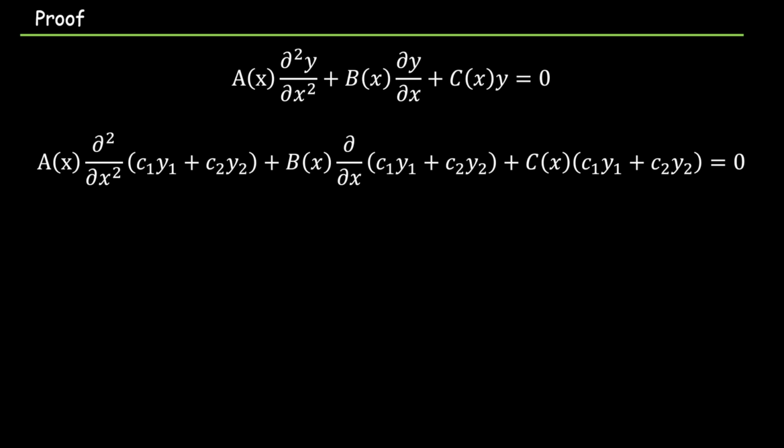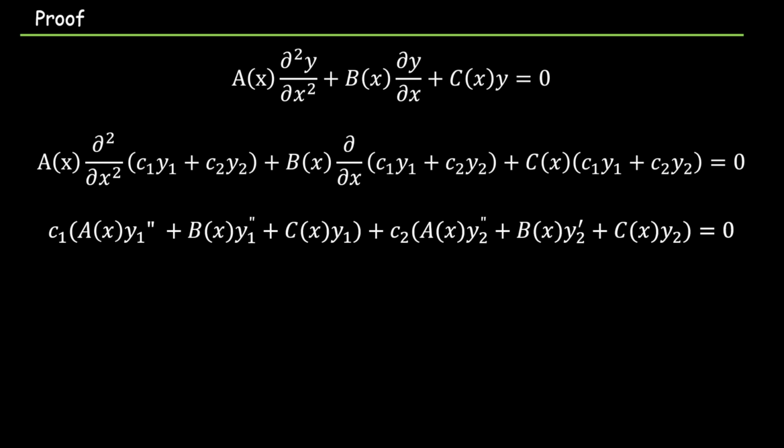So we can take the partial derivatives or derivatives, depending on what y is, separately. Like the second derivative of c1 y1 plus the second derivative of c2 y2, instead of the second derivative of c1 y1 plus c2 y2, we can separate them out.